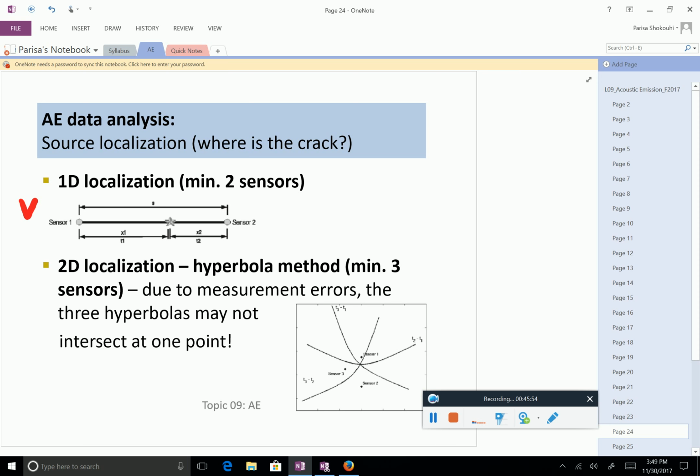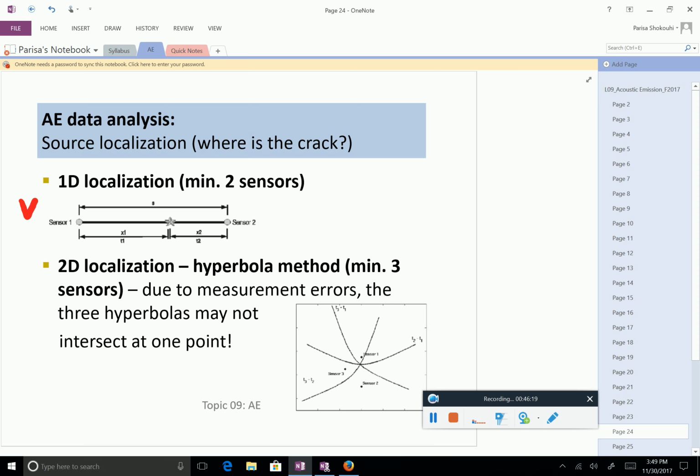I got too excited. We have a one-dimensional rod, and you know that there is a crack happening because you put two sensors on both sides. So we know where the sensors are. The distance between them is S. Now the question is, and we use AIC or some fancy method.